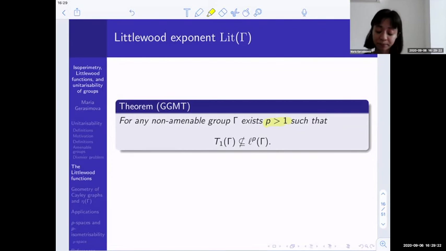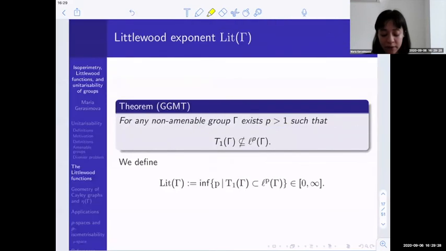And you can define the Littlewood exponent in the following way. It is the infimum over all p such that T1 of gamma is a subspace of Lp of gamma. This is an analytical invariant, which really relates to some Banach spaces.